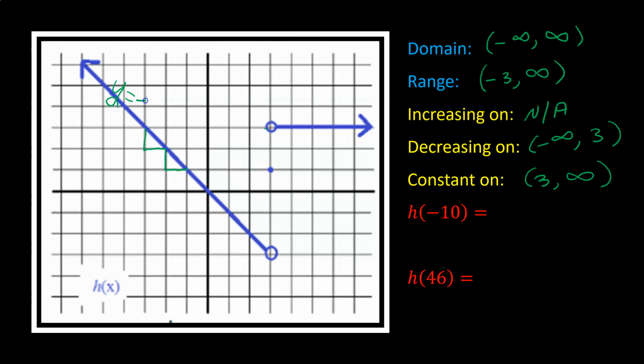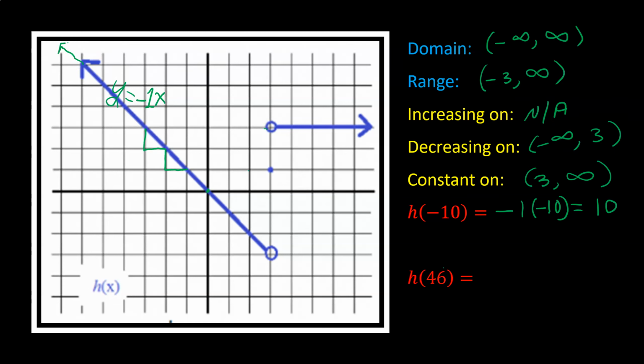So the slope is -1, and the y-intercept is at 0. So that's just -x. So h of -10 is just -1 multiplied by x, which is -10, and that is +10. And if you think about following this function up, it will go up to 10.